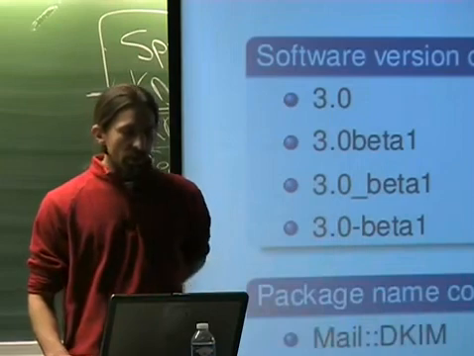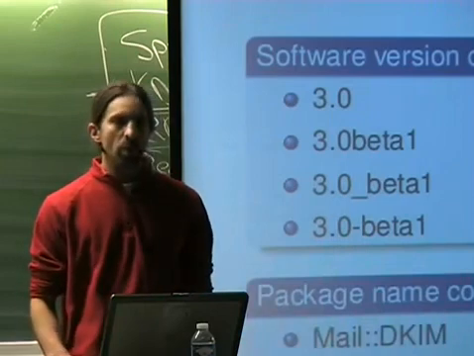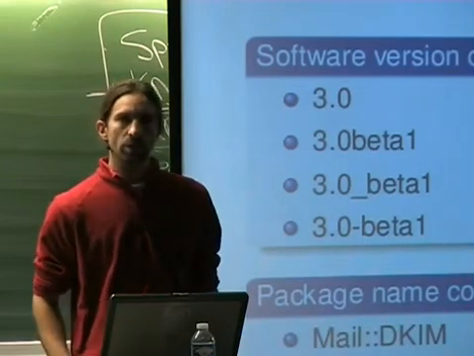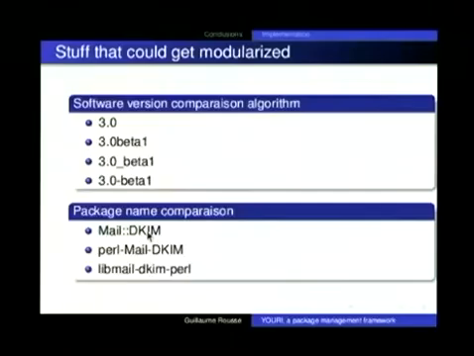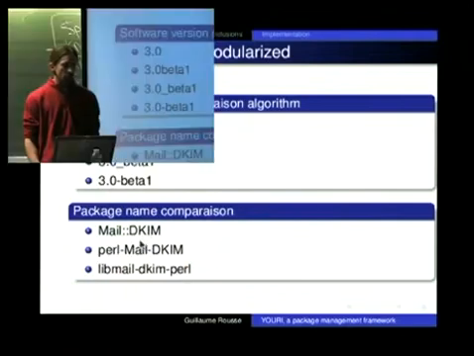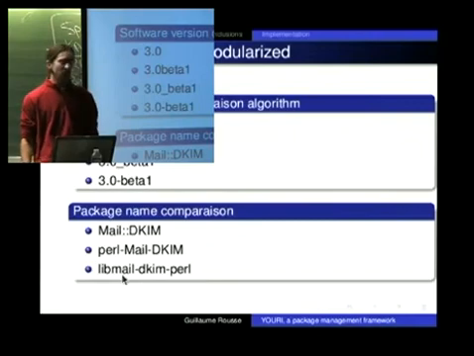Another thing that could be interesting is a possibility to compare package names between different distributions. For instance, that is a Perl package, or in Perl language, a Perl distribution, with its upstream name. That's the way that the corresponding package name will be called in the Mandriva or Fedora world, and that will be the corresponding package name in the Debian world.